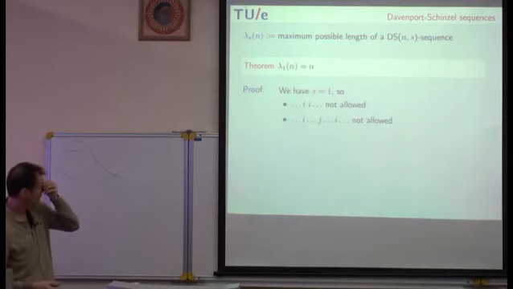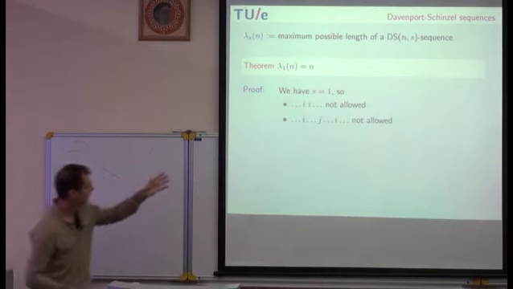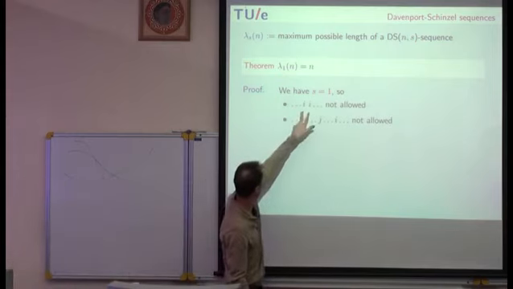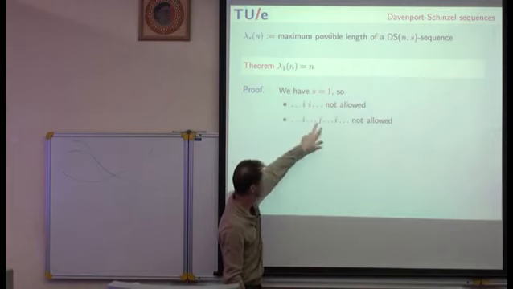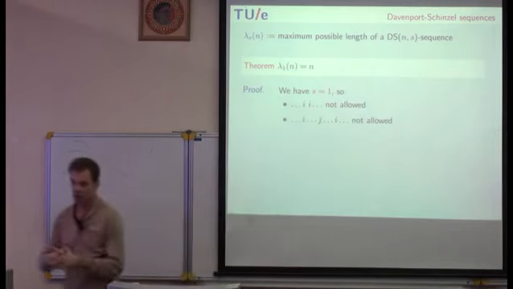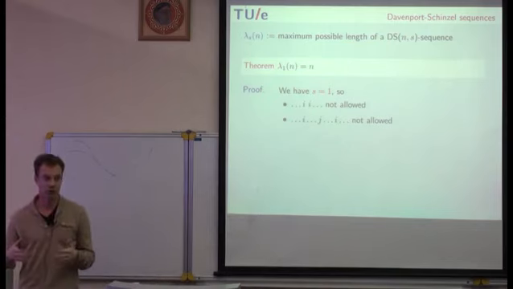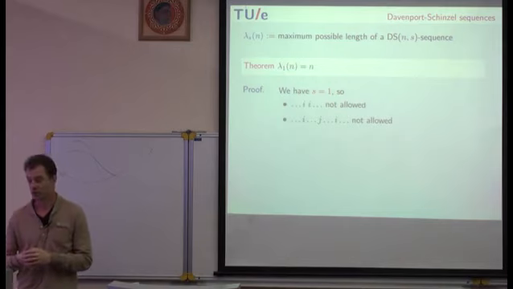So for s equals 1, I'm not allowed to repeat the same symbol twice in a row, and I'm not allowed I J I. If you think about it, it's very easy to see that the sequence cannot be longer than n.